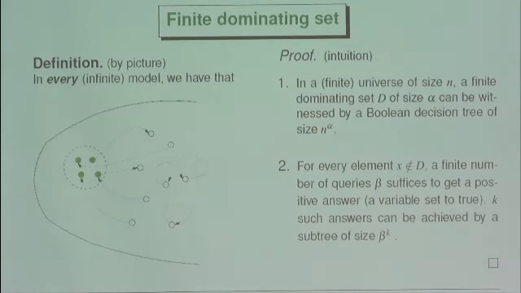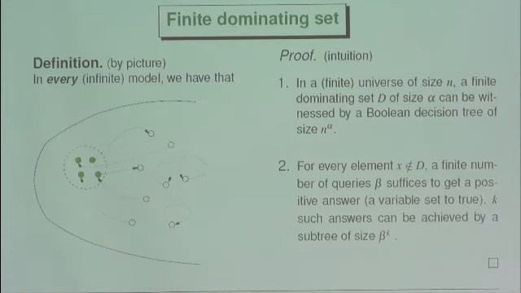Just to give you an idea as to what I call a finite dominating set: I look at the elements of the universe, and the hyperedges of the hypergraph are the relations. And so a finite dominating set is a finite set of elements, so that everyone is either dominated by some of those or is dominated by itself.